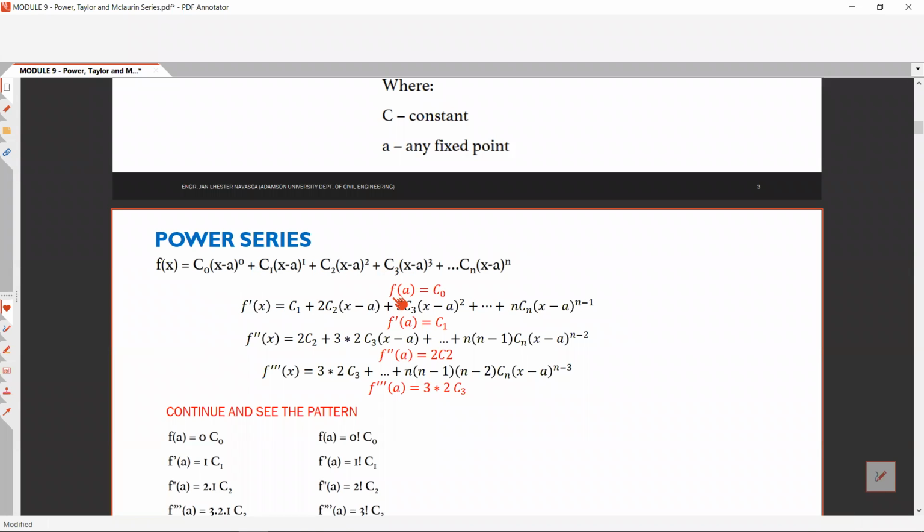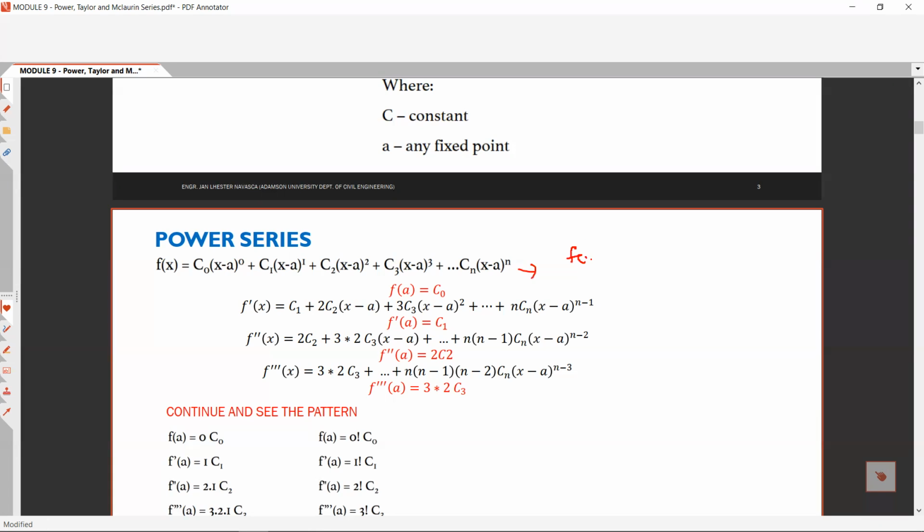In order for us to find the constant values, syempre, kung mapapansin nyo to, this is (x minus a) raised to 0, this is (x minus a), x minus a, x minus a, up to (x minus a) raised to n. So, (x minus a) raised to 0 is 1. Tama ba? So, simplify ko lang to.